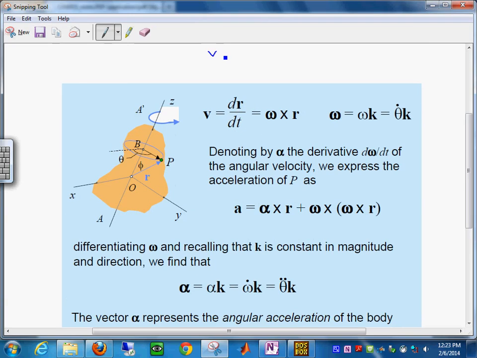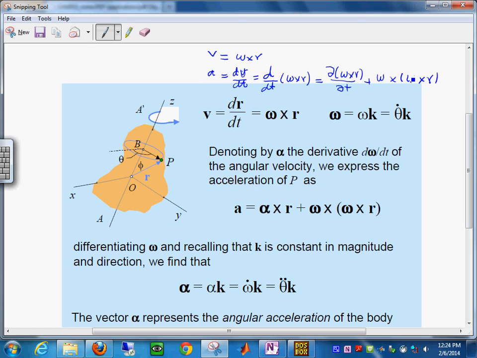We have established that V is equal to omega cross R. The acceleration has to be the derivative dv/dt, which means the derivative d/dt of omega cross R. You remember how to find the derivative of a vector. You know that this is d of omega cross R over dt plus omega cross this omega vector.